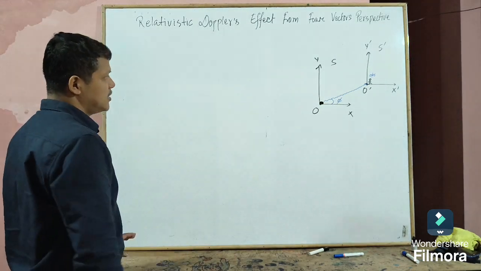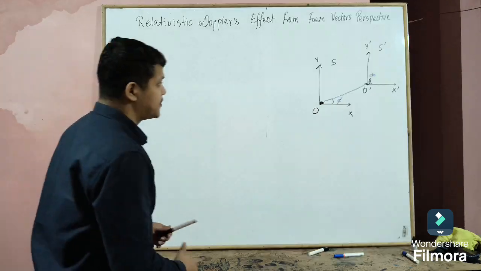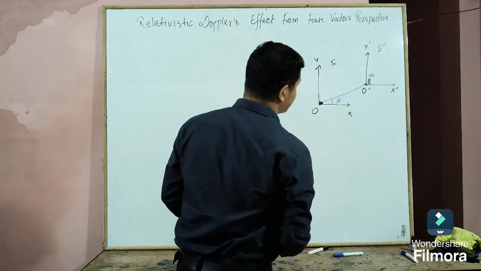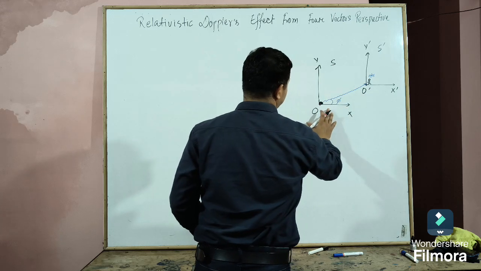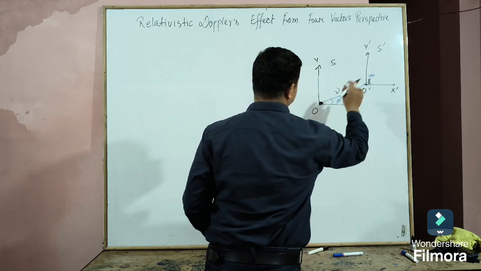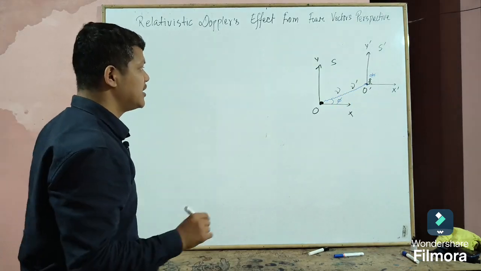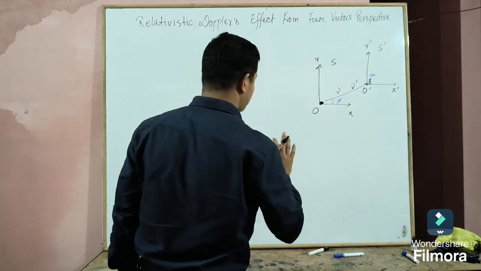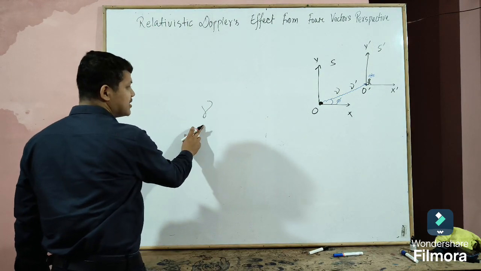Now you see, the frequency of this light wave with respect to this frame is suppose nu, and with respect to this frame is nu dash. Now let me clear one more thing. If I write this, it represents gamma.